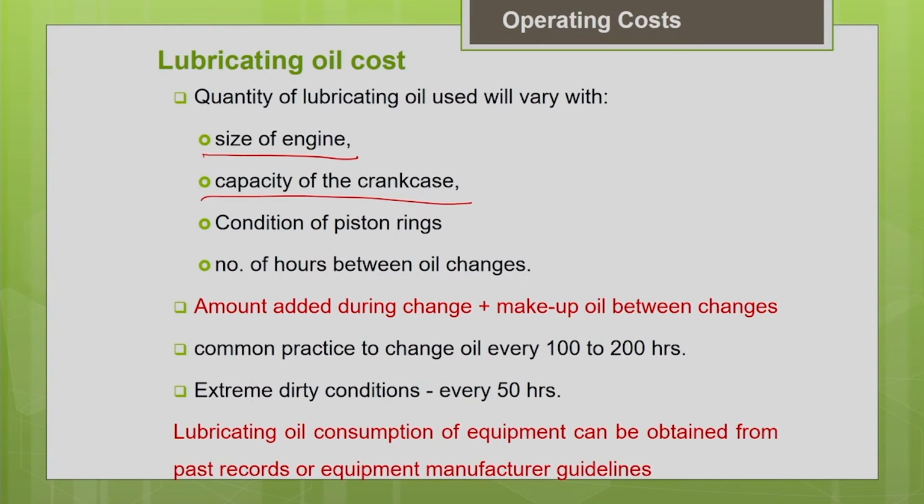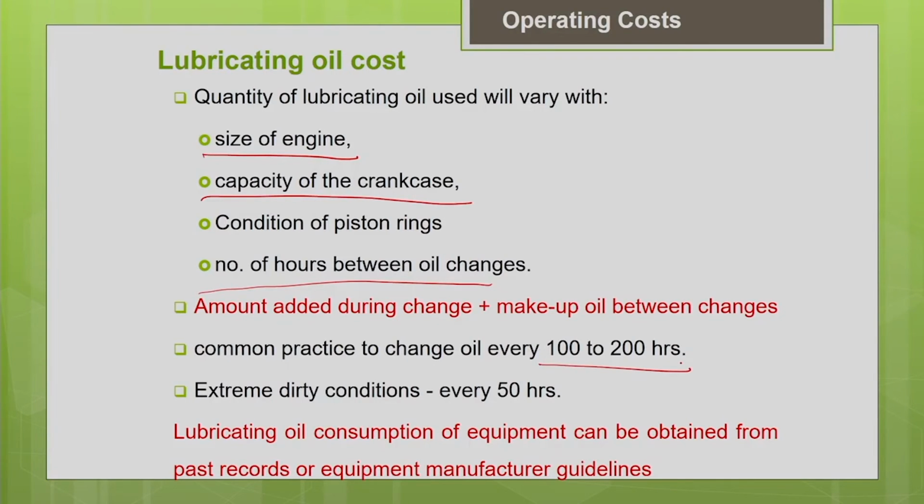If the project working conditions are extremely dirty, we have to change the lubricating oil very often. So everything depends upon the project working condition and the company policy, like the number of hours between the oil changes. Normally, it is a common practice to change oil every 100 to 200 hours.